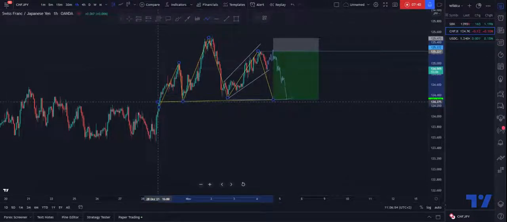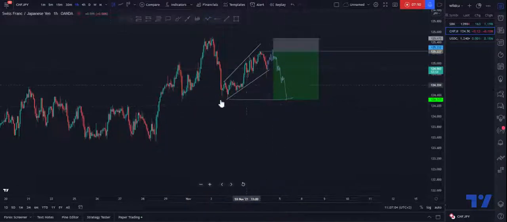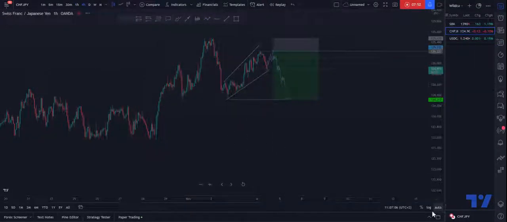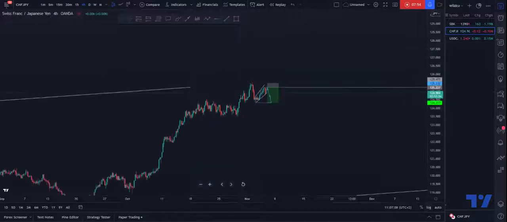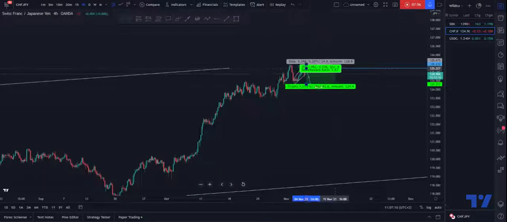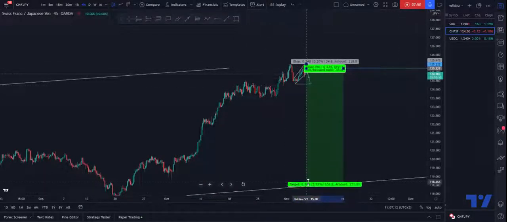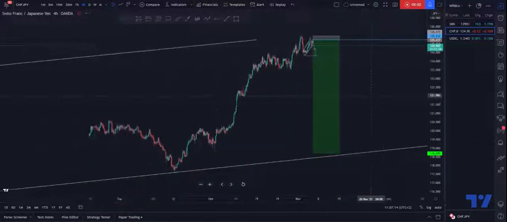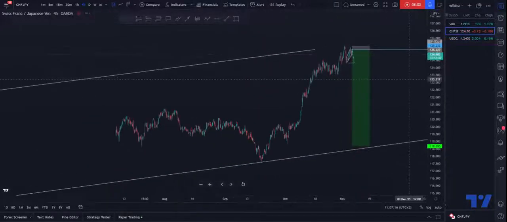If price actually breaks below this line, it will be a fully confirmed head and shoulders, which signals a reversal pattern, which signals that price might move to these areas, which will give us a 26 percent move.